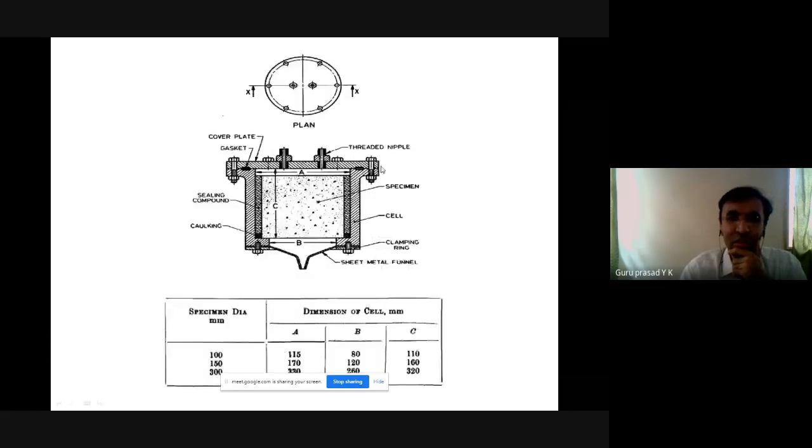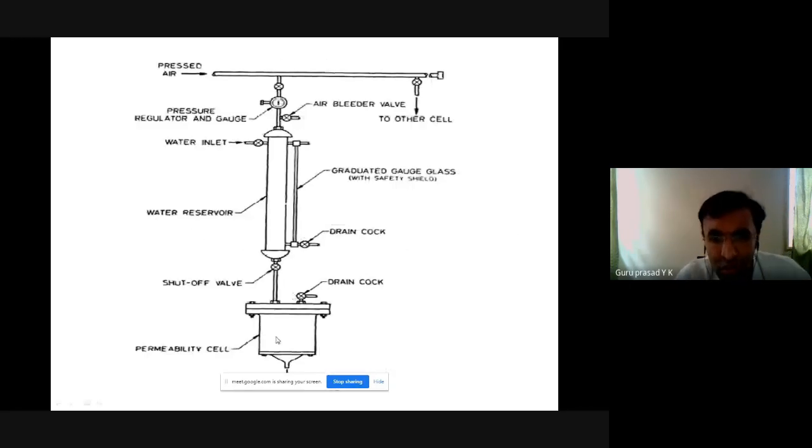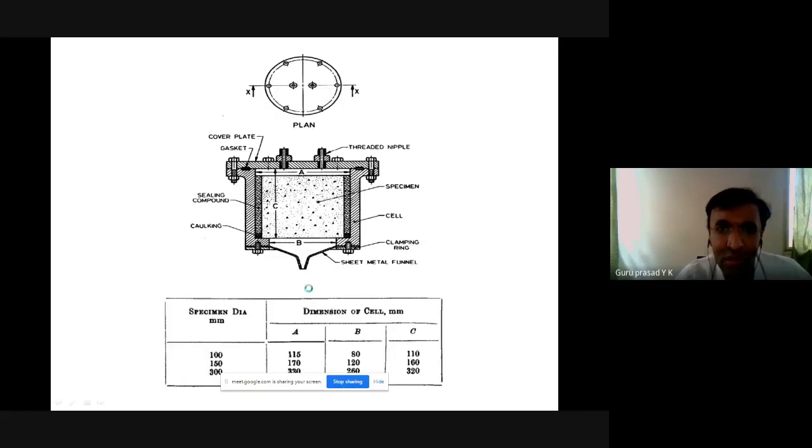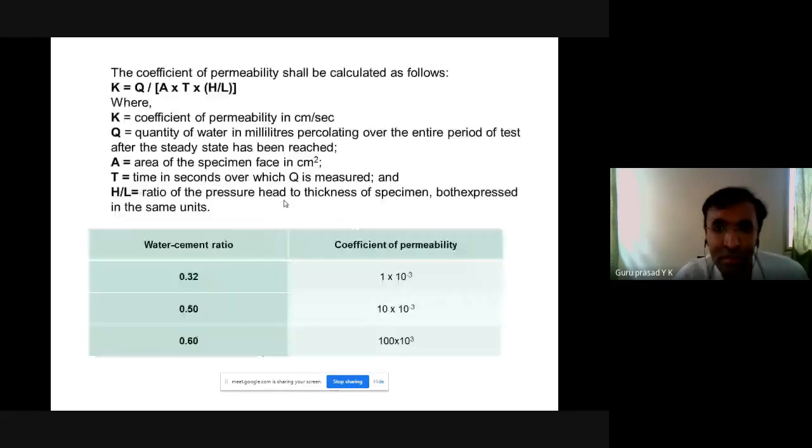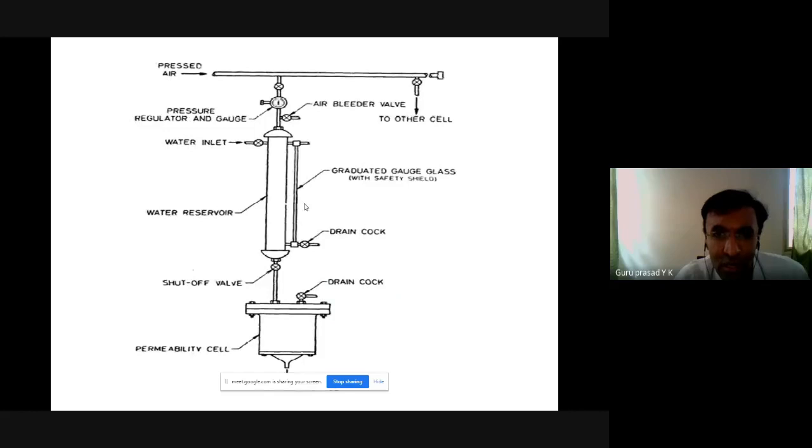In this case, I will tell you, you take a concrete cube and place it into the cell. I'm showing you the complete apparatus. You put the particular concrete cube into the permeability cell. Then you have the apparatus where you'll have a water reservoir.